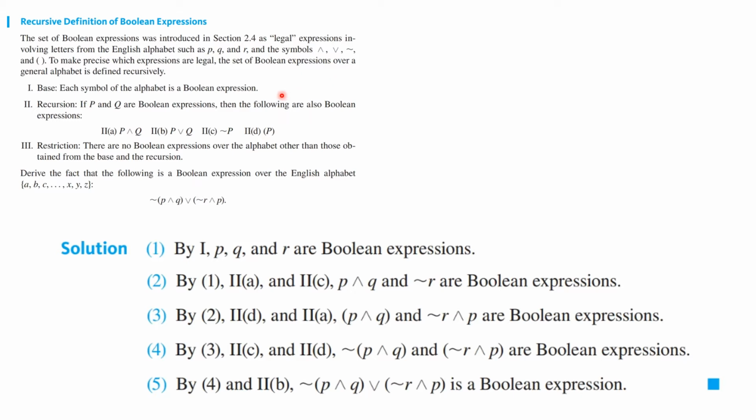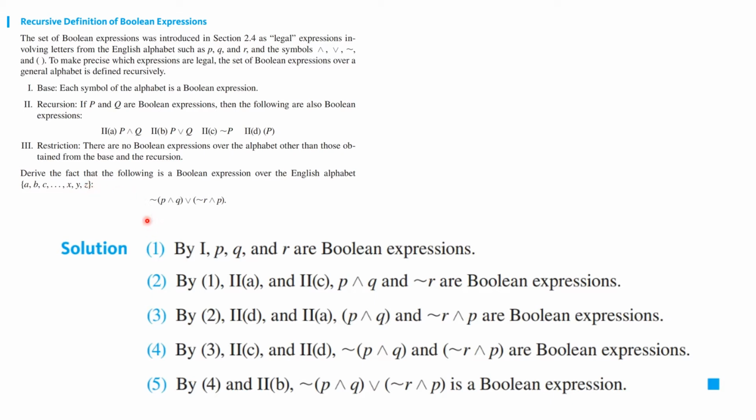Base: each symbol of the alphabet is a Boolean expression. And if P and Q are Boolean expressions, then the following are also Boolean expressions. So you can take the conjunction, the disjunction, the negation, or put something in parentheses, and it's still a Boolean expression. And then the restriction: there are no Boolean expressions over the alphabet other than those that are defined by the base and this recursion step.